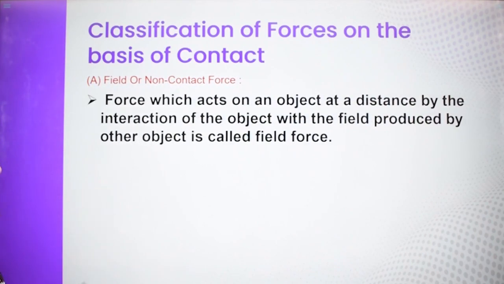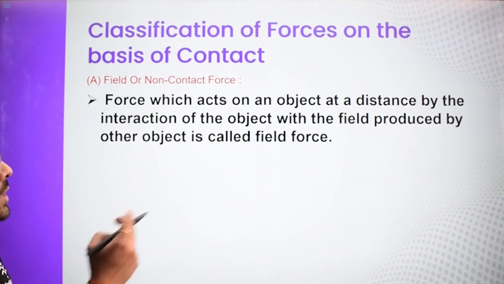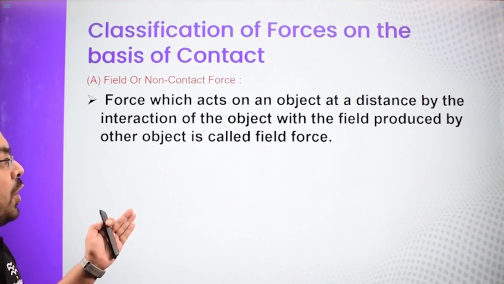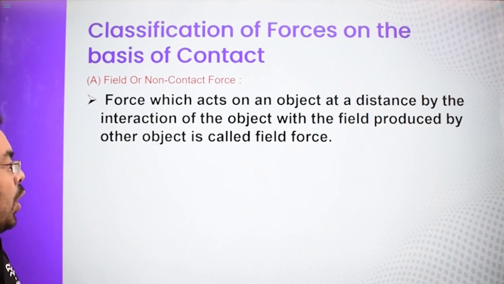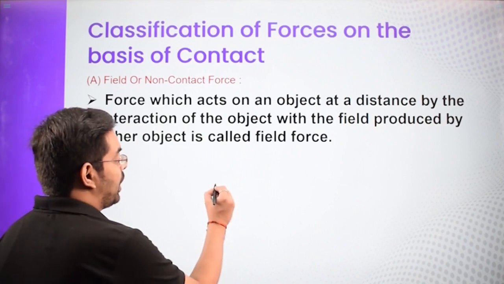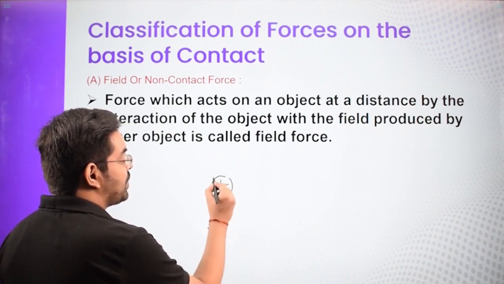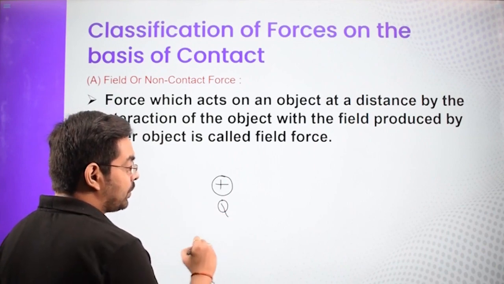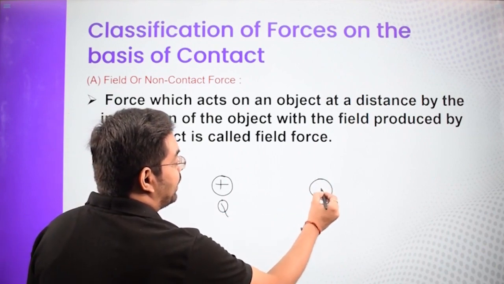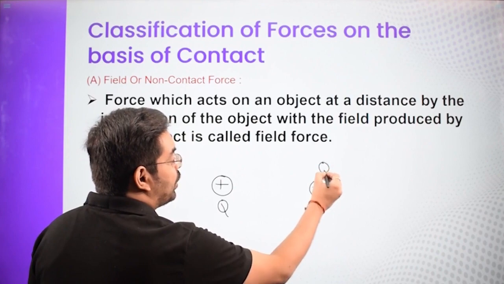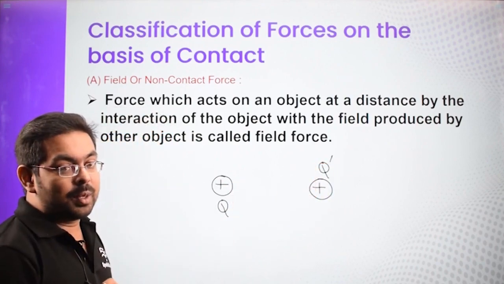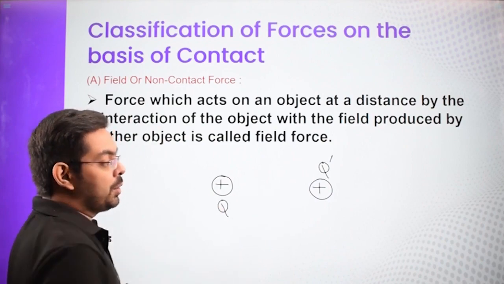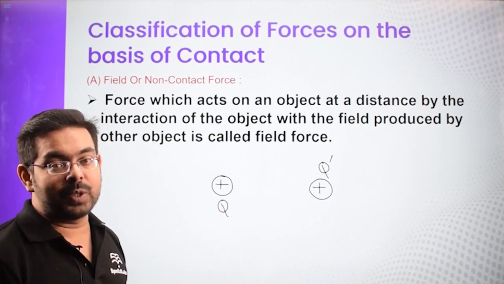Look, the force which acts on an object at a distance by interaction of the object with the field produced by the other object is called field force. If there is a positive charge, suppose Q, and there is another particle, suppose Q dash, this Q applies a repulsive force on Q dash, but without any actual contact between them.